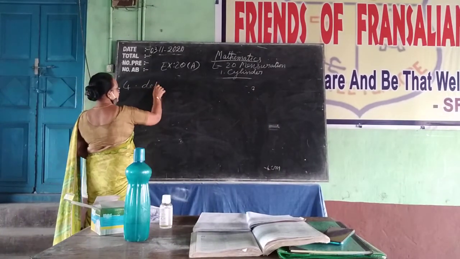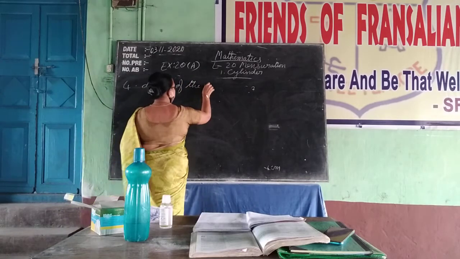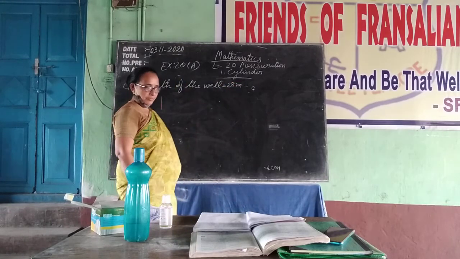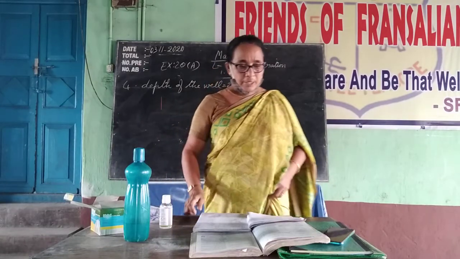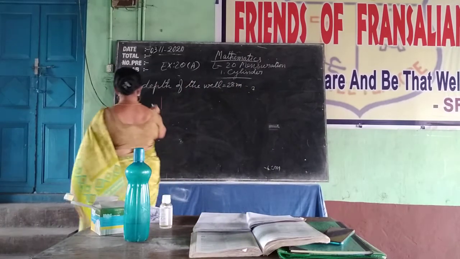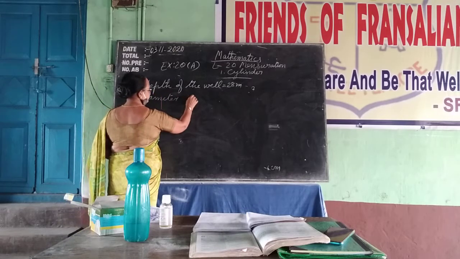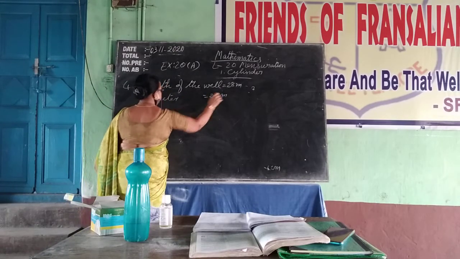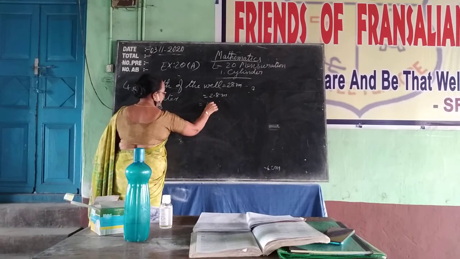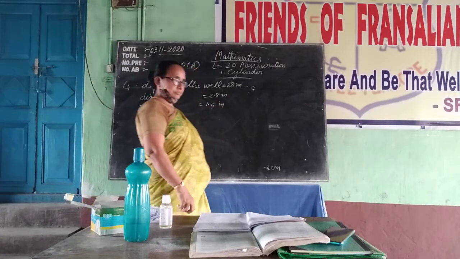Depth of the well, 28 meter. Diameter is given. Diameter is equal to 2.8. Radius is half of the diameter, 1.4 meter.